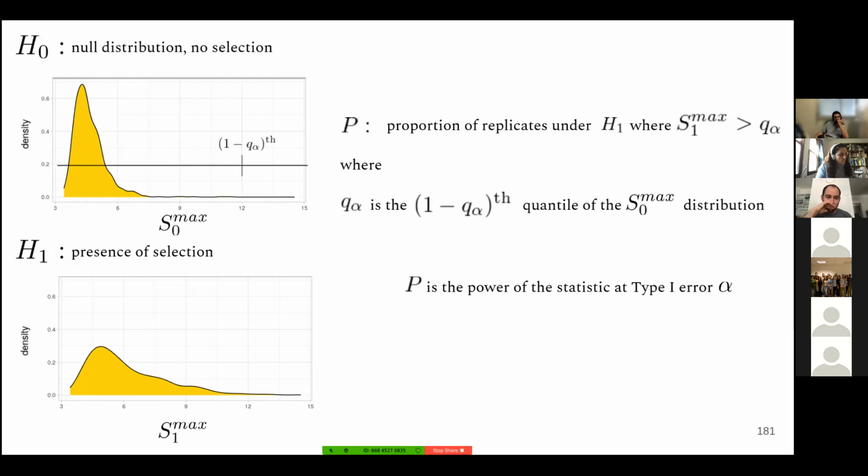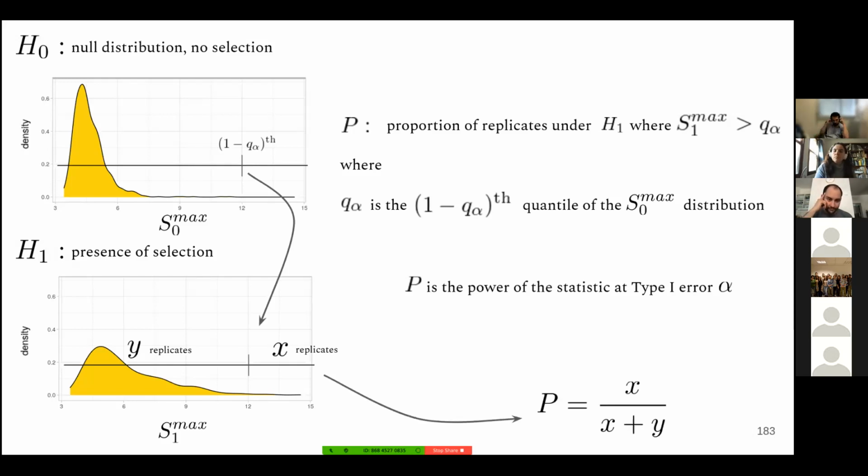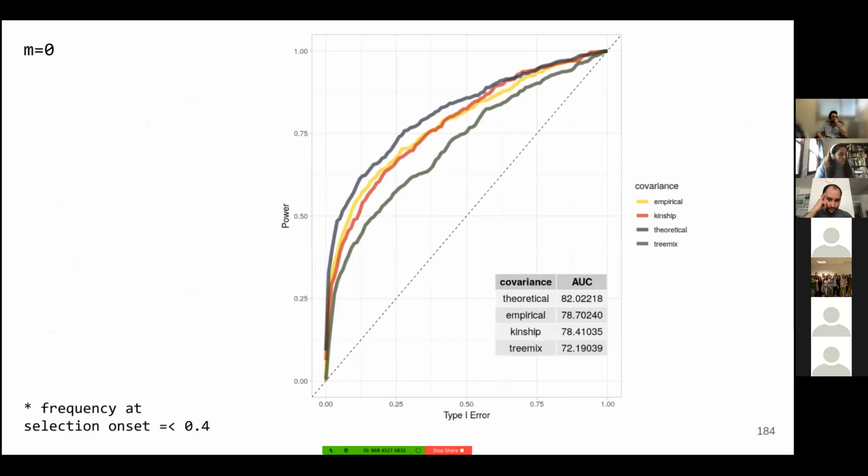In other words, if we take the null distribution of S max at the 1 minus alpha quantile, and we take the number of replicates to the right of this value in the alternative distribution and divide it by the total number of replicates, we get the power P for the statistic.